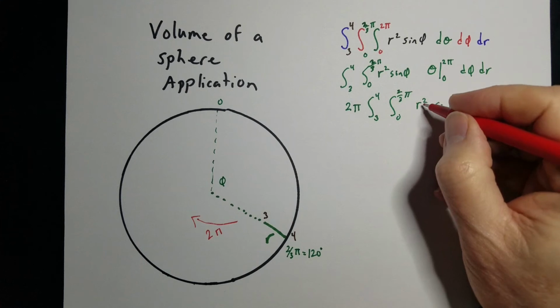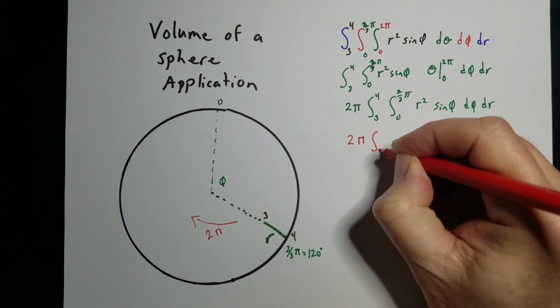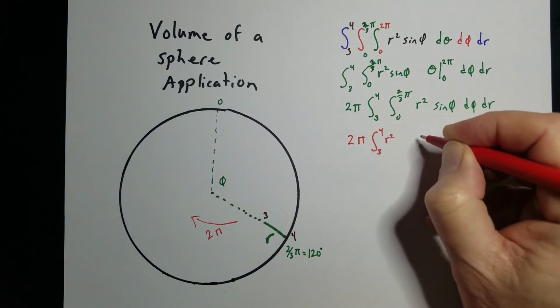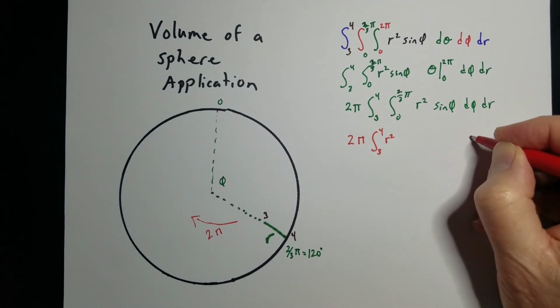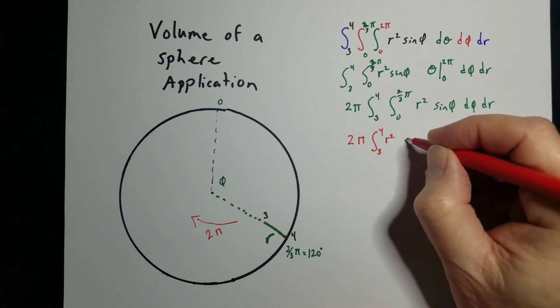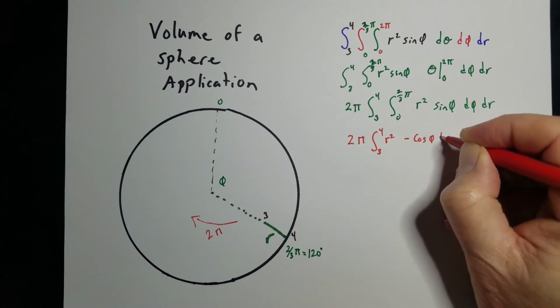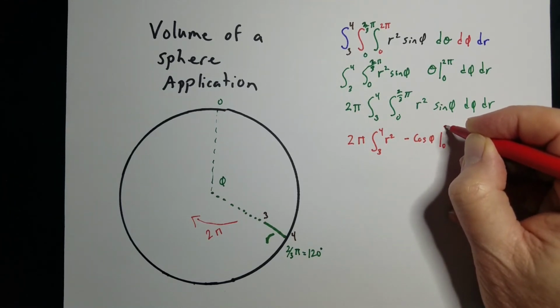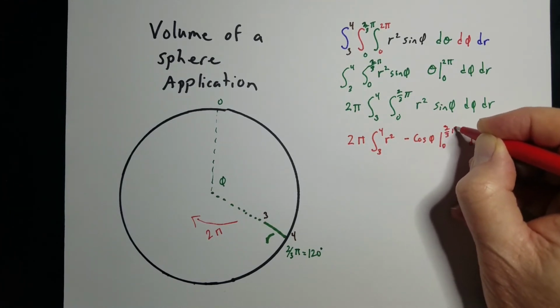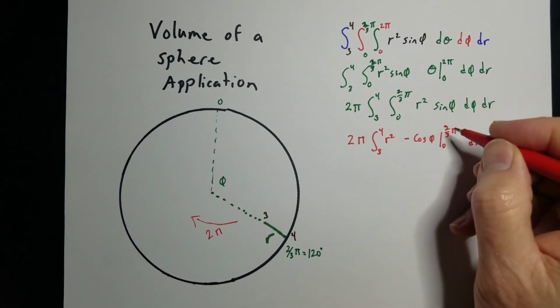So r squared is going to be a constant, so I'm going to put that there. That's still the dr, but the integral of sine of phi is minus cosine of phi from 0 to 2/3 pi. And so we figure that out. So let's figure that out now.